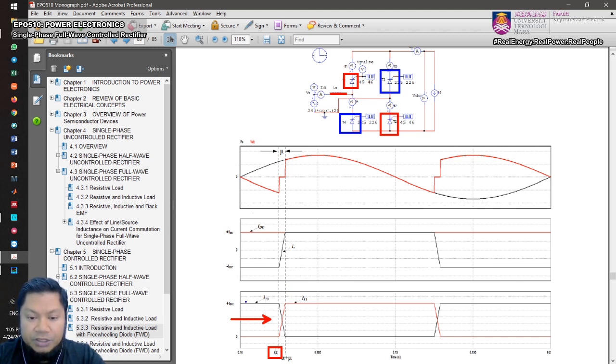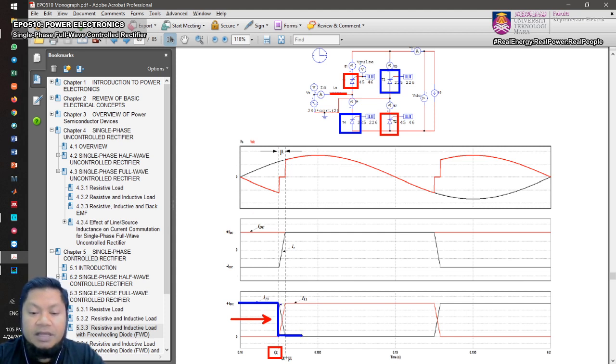So if you refer to the IT3, the current through thyristor 3 will go down to 0 instantaneously without the source inductance. We are actually discussing without the source inductance. IT3 drops from IDC, the output current, to 0 instantaneously. The word is instantaneously.